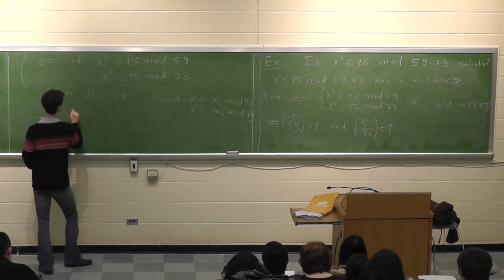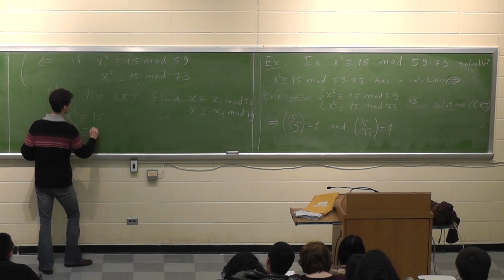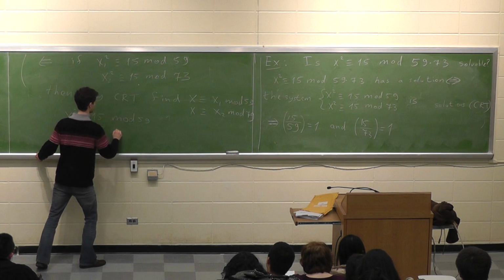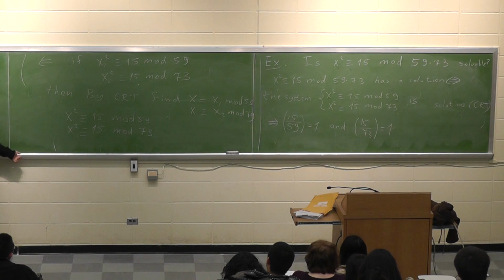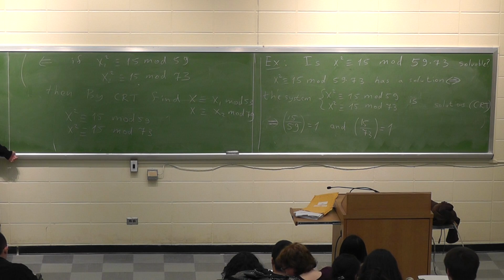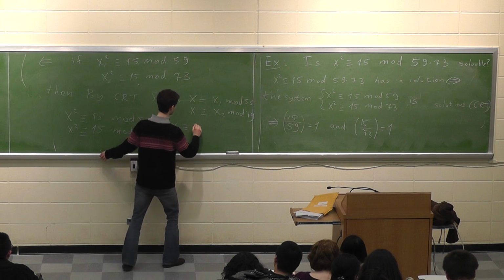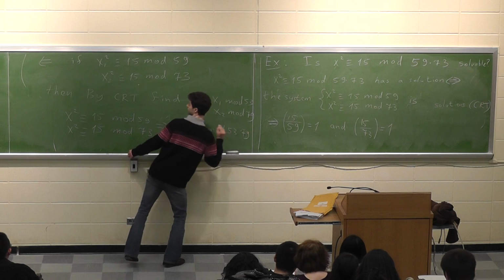Then x squared is congruent to 15 modulo 59 and 73. Right? Yes. And then x squared is congruent to 15 modulo 59 times 73.